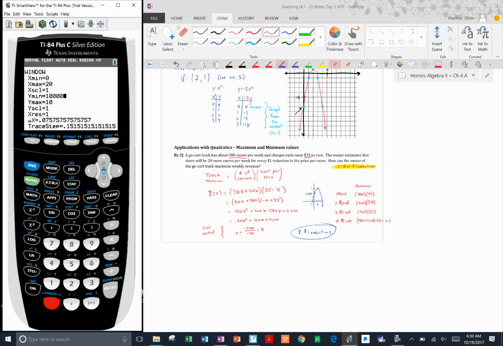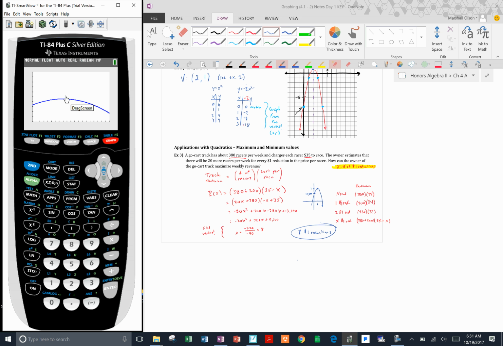I just want to find the vertex. And then the Y maximum, we don't know, so let's say about 20,000 and see what that gives us. We might have to go a little bit higher than that. And let's go by 1,000. Let's see what that looks like. There we see the vertex somewhere in there, we don't know exactly where it is.